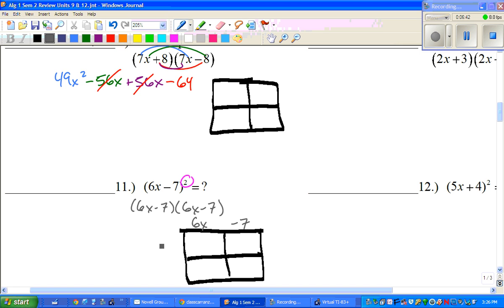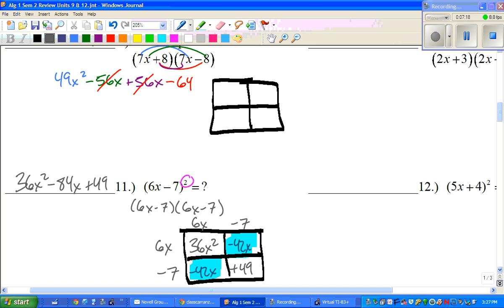So 6x minus 7, 6x minus 7. 6 times 6 gives us 36x squared. 6 times negative 7 is negative 42x. Negative 42x, and negative 7 times negative 7 is positive 49. We look for our like terms, and we are going to combine those up, and we get 36x squared minus 84x plus 49.